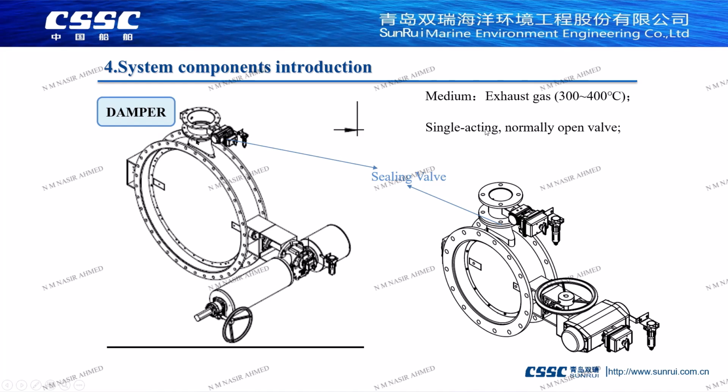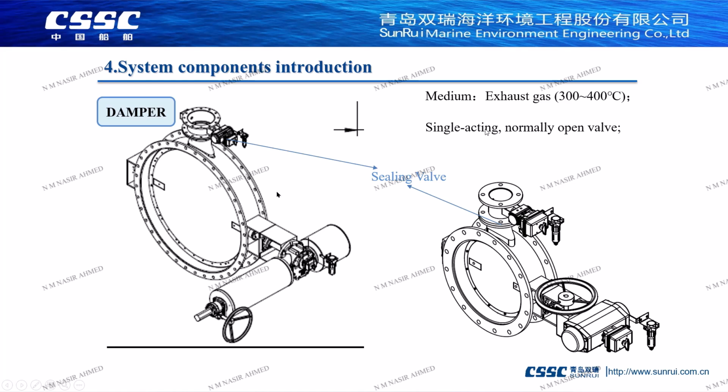And then, this is the smoke valve. A smoke valve is also called a damper. Its main function is to control the inlet of flue gas into the main engine or generator, or bypass. Each damper corresponds to an installed sealing valve.